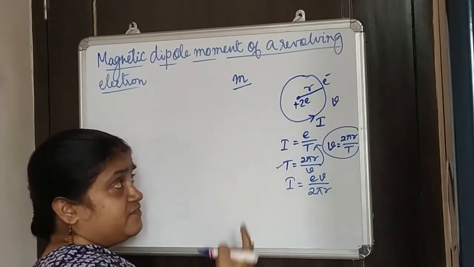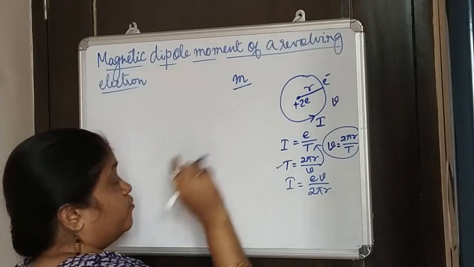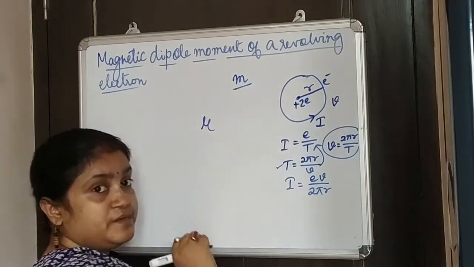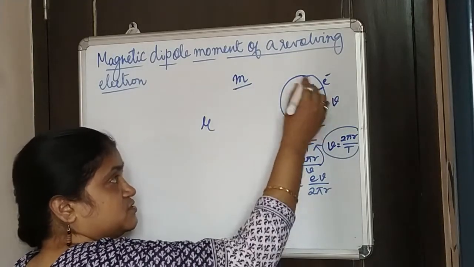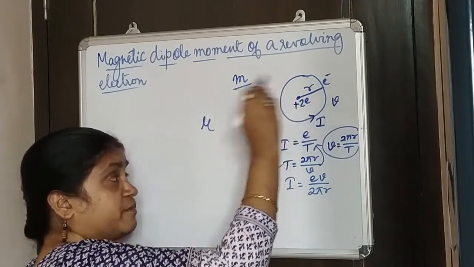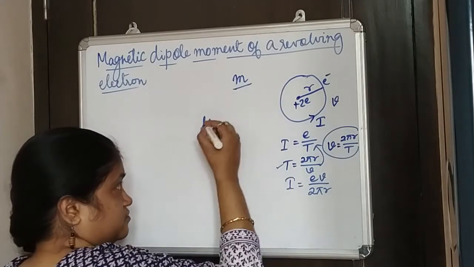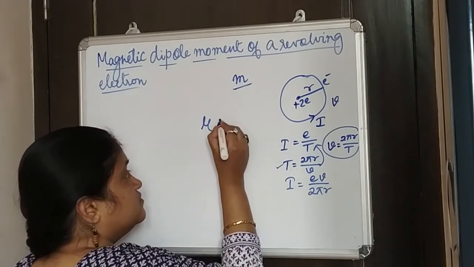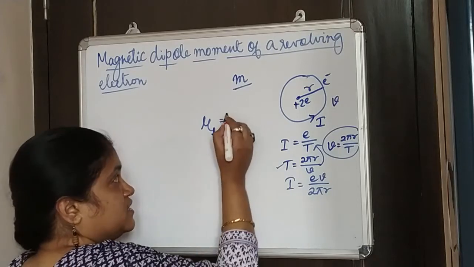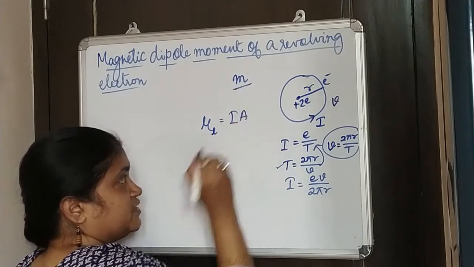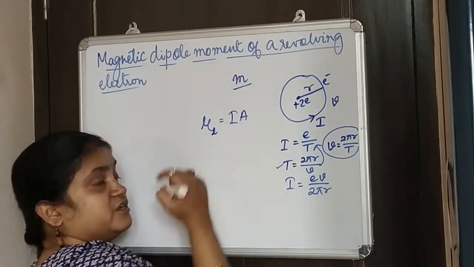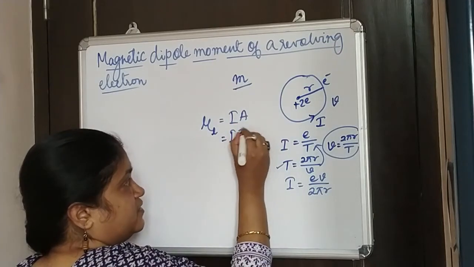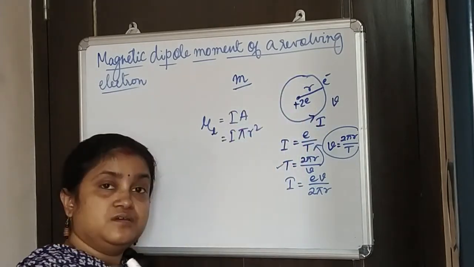Now as we know, we have to calculate the magnetic moment or dipole moment. Then the dipole moment of this particular orbit, suppose this has a particular orbital moment, which is given as ml, which is I into A. As we know, dipole moment is I into A. So this is I, and the area A will be nothing but pi r square for this particular orbit.